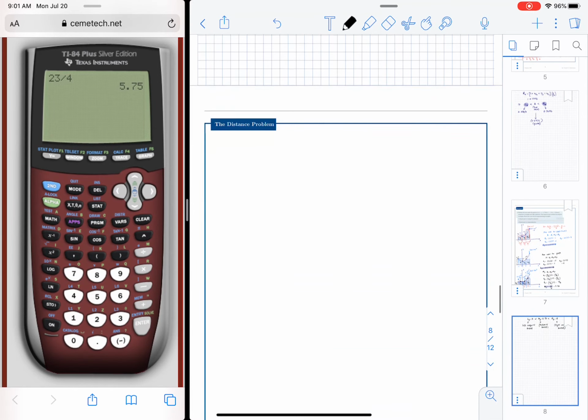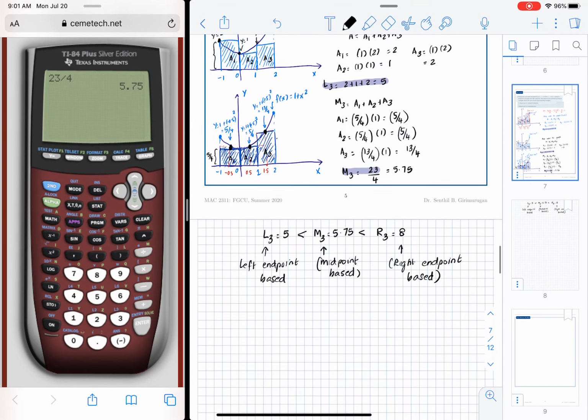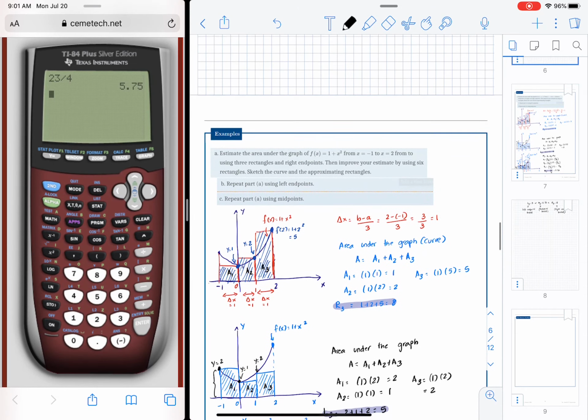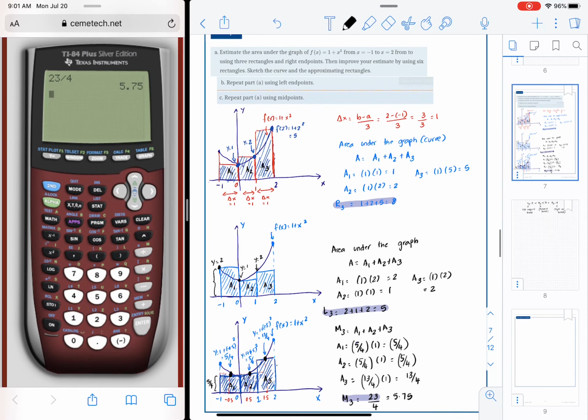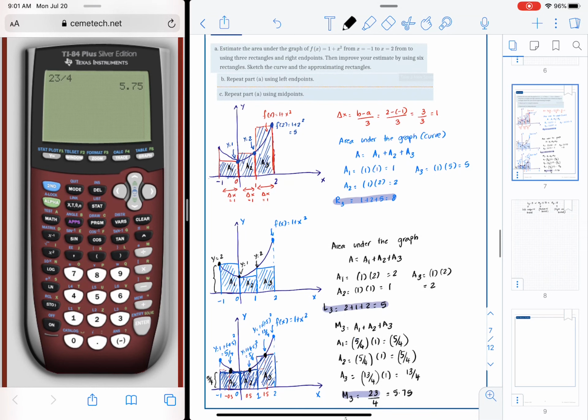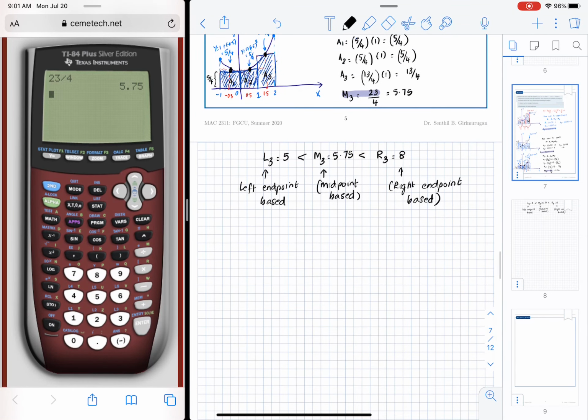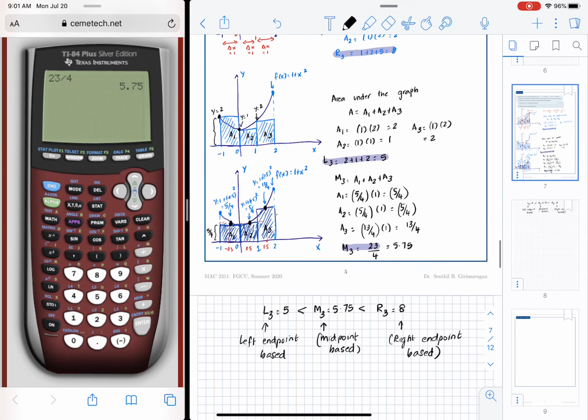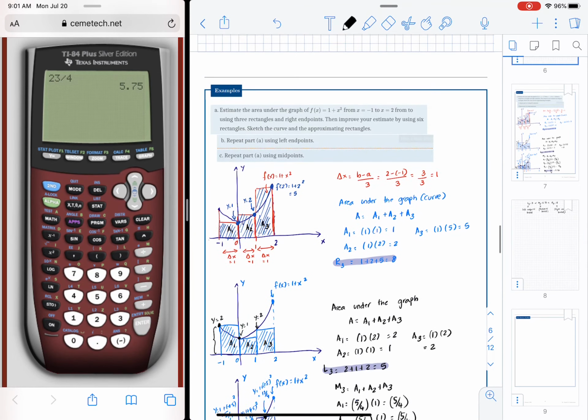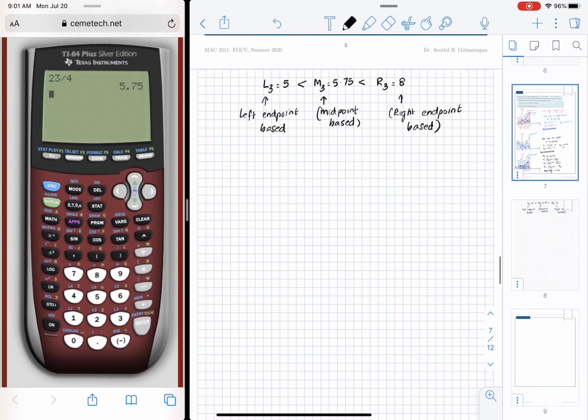Oops, 8/3 minus 7/3 plus 1. Okay. Now let's increase it to 6 rectangles.